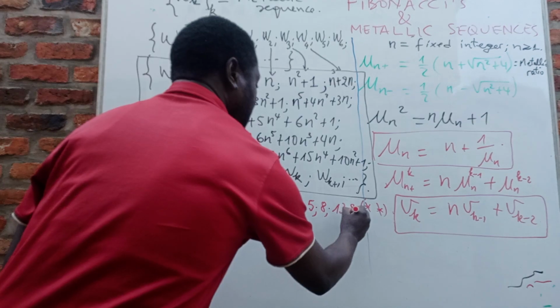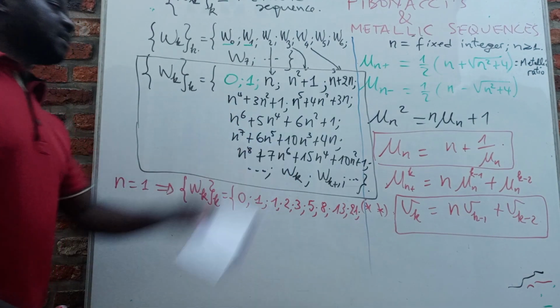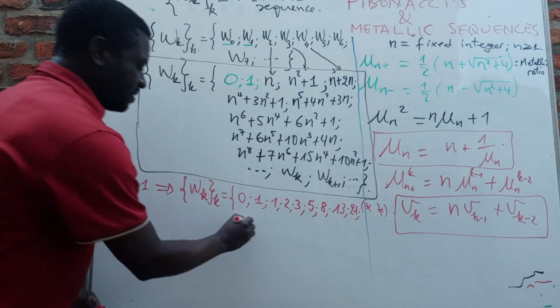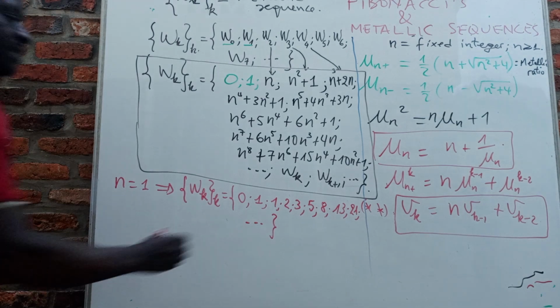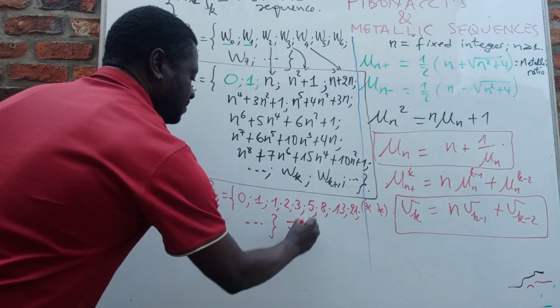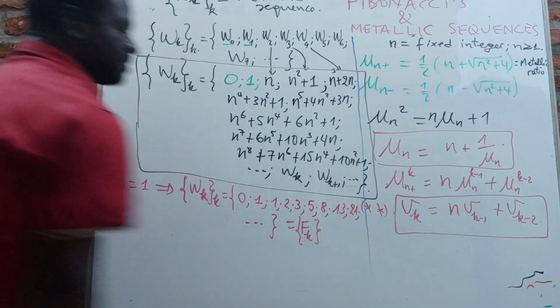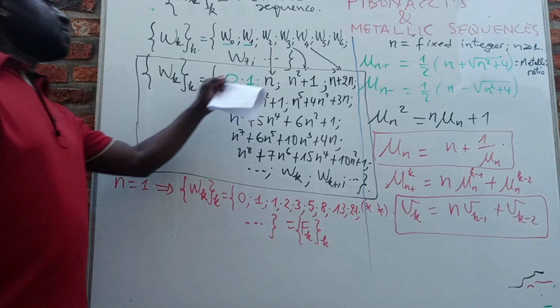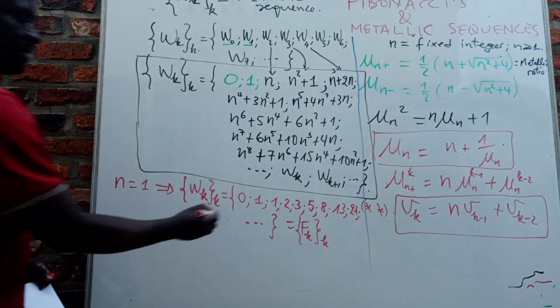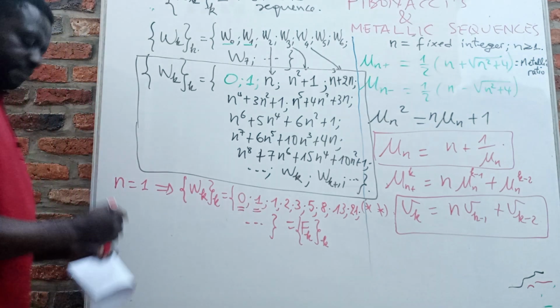This is 21. And so on. But as you can see, the sequence you have here is exactly the Fibonacci sequence, in which case we consider the original initial values being 0 and 1.